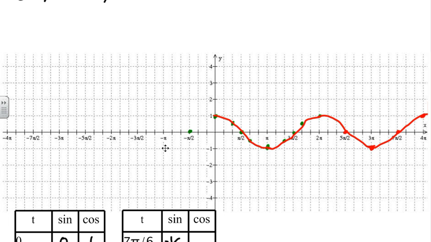Be at 0, then -1, then 0, 1, 0, -1, 0, 1. And draw the curve when we have a pretty good idea of what it looks like.